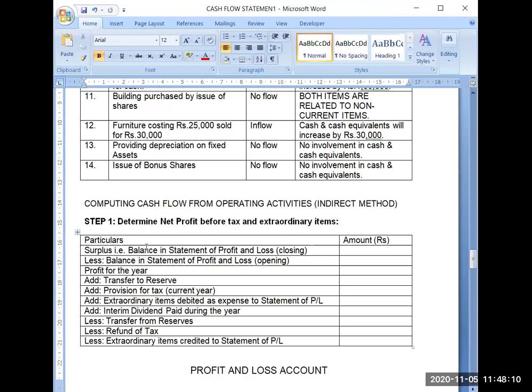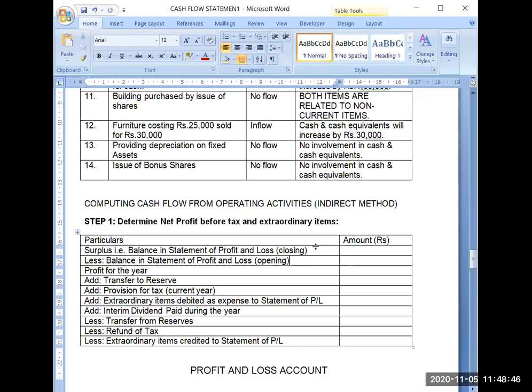In the question, you will get a balance sheet. In that balance sheet, obviously two years of data will be provided to you, one for last year and one for current year. Whatever surplus is given in the statement of profit and loss, the closing balance means the current year balance, you will take from there and subtract the opening balance of the statement of profit and loss which is written in the last year balance sheet.